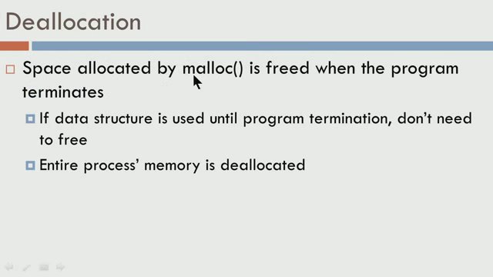So space allocated by malloc is freed when the program terminates. If you don't free up memory ever, so you allocate some memory, you use it, but let's say you don't do free and you keep doing that, slowly and steadily your memory will get used up. At some point of time your memory might become full, right.